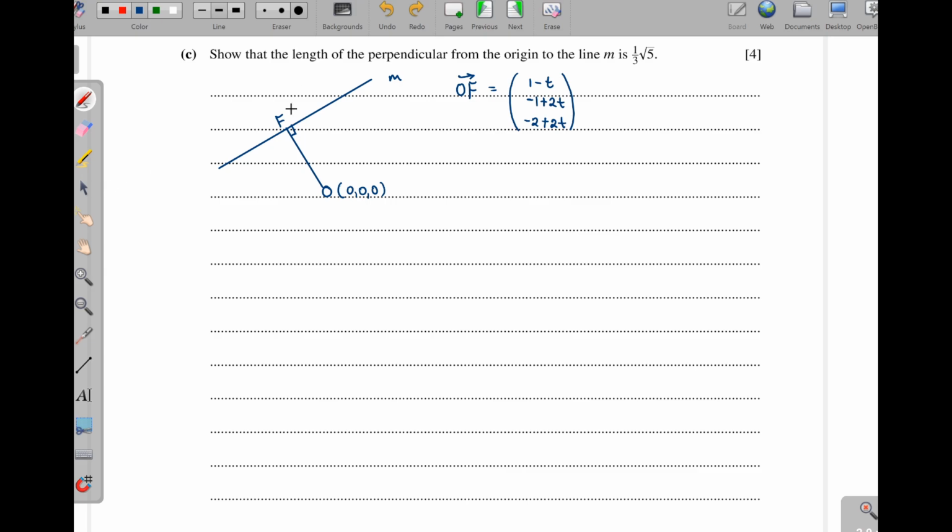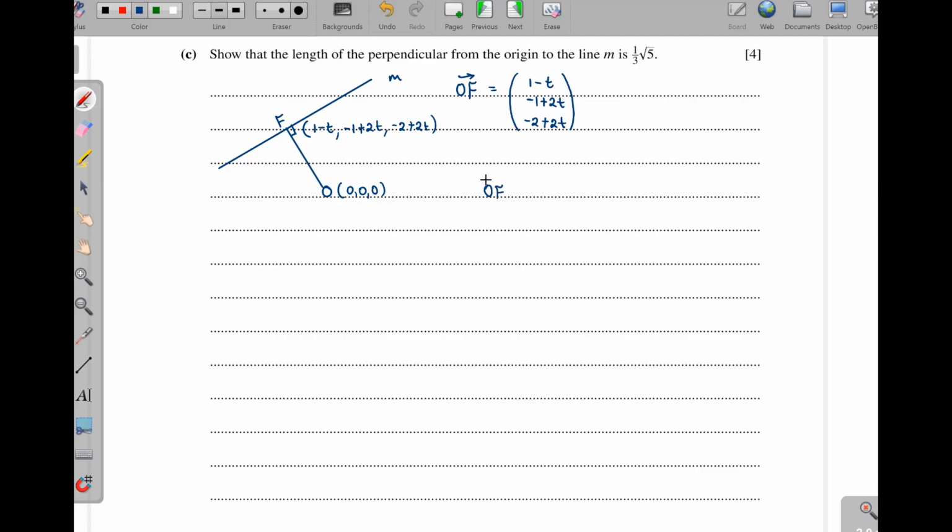In fact, I can write the coordinates of F as 1 minus t, then negative 1 plus 2t, and then negative 2 plus 2t. Now, since OF is perpendicular to this line M, that means when we dot the direction vectors, we equate them to 0.